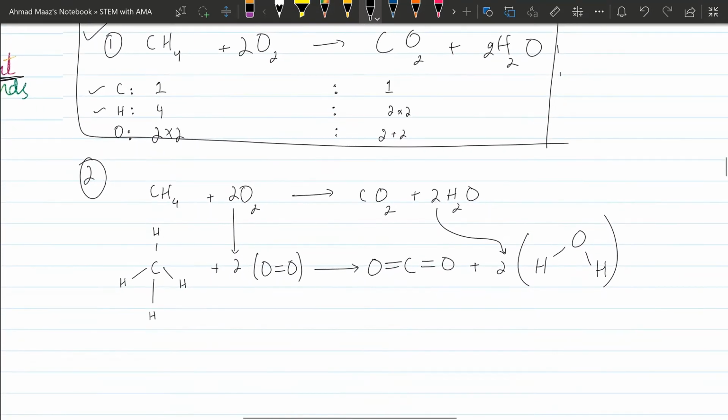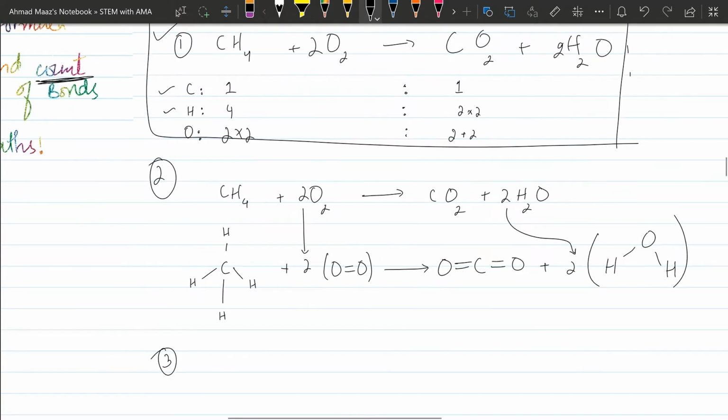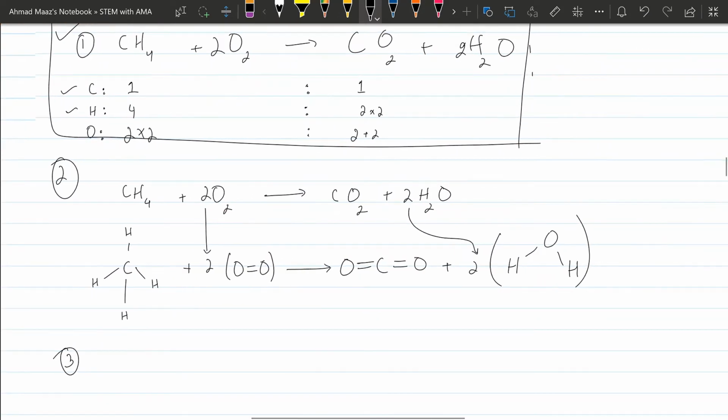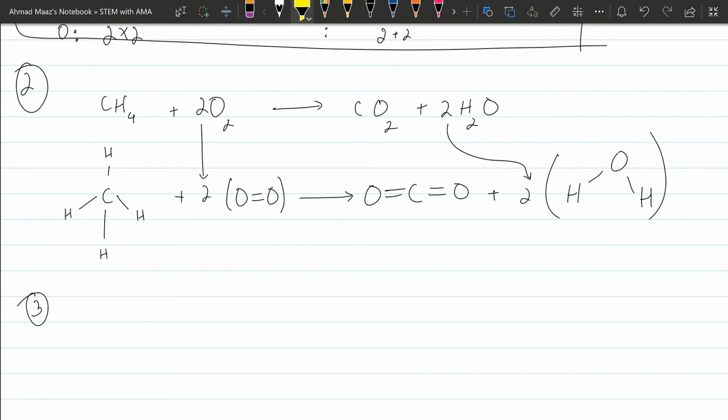We have drawn the structural formulas. Now this will enable us to identify the types of bonds that are present in each molecule, which is step 3: identify and count the types of bonds. If you look at this, we have a carbon hydrogen bond over here, and over here, and over here, and another carbon hydrogen bond over here.